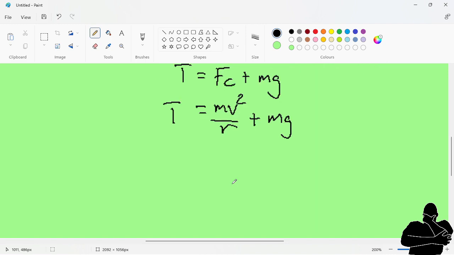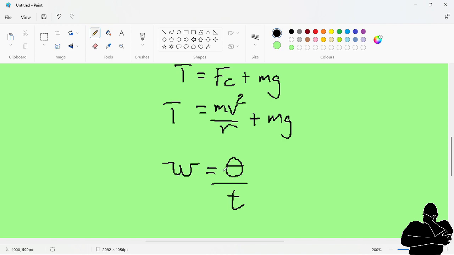Well, let us do some working out. Omega, which is the angular speed, is equal to angle swept out divided by time. So omega is equal to the angle divided by time, right?